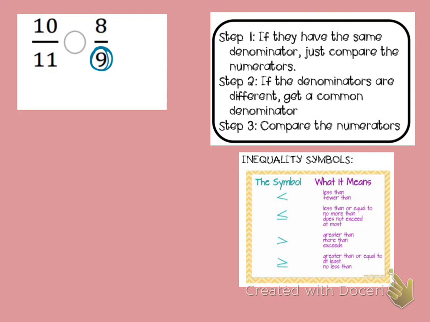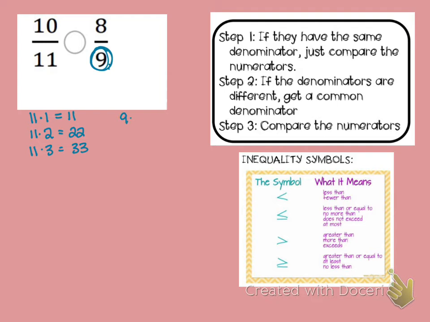So multiple means like taking 11 times 1 equals 11. There's nothing I can multiply 9 by to get to 11. 11 times 2 is 22. There's nothing I can multiply anything by 9 to get to 22. 11 times 3 is 33. Can I multiply anything by 9?